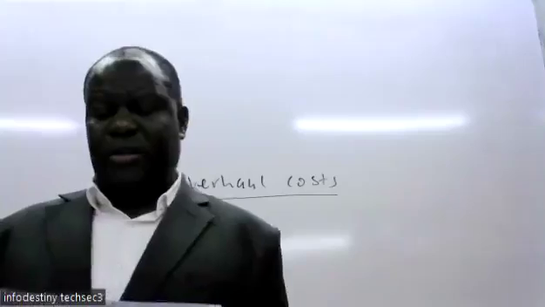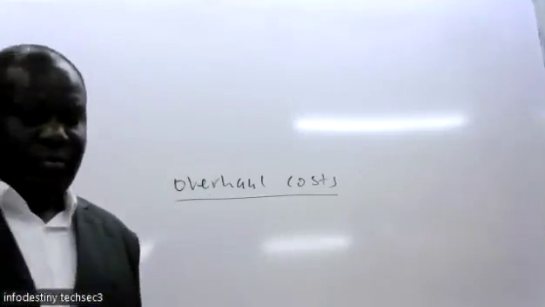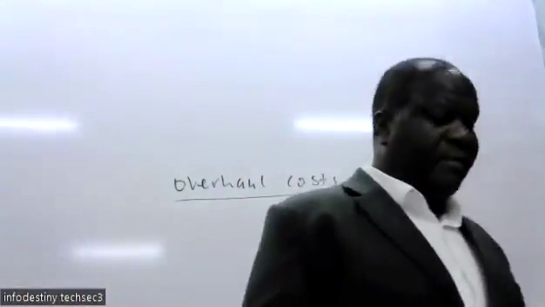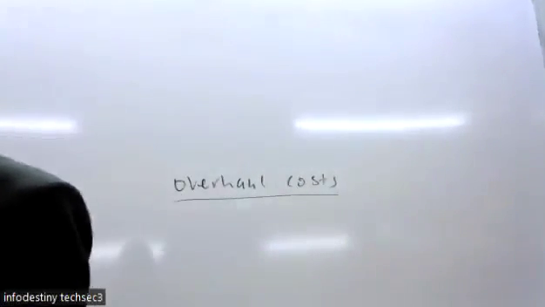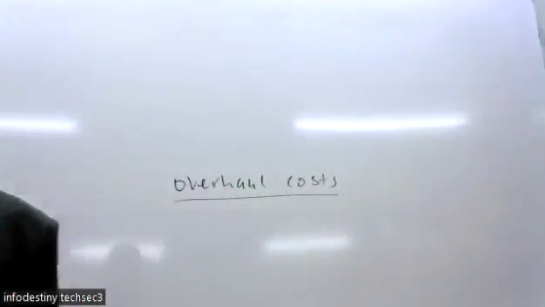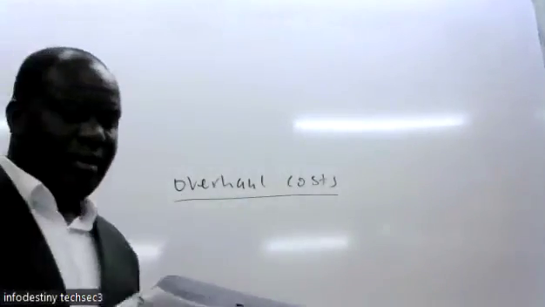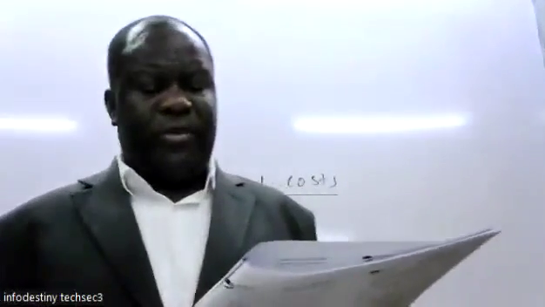The quantities of the product to be manufactured and sold in each year are estimated as follows. They have given you year 1 up to year 5, where we have been given the quantity. Also, additional information: note 1, unit selling price and unit variable cost are estimated at 45 and 15 respectively. These are expected to remain constant each year.